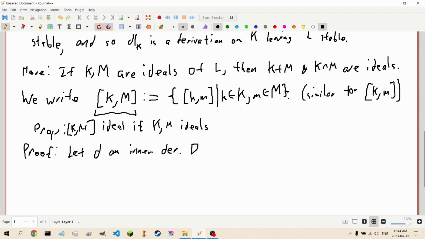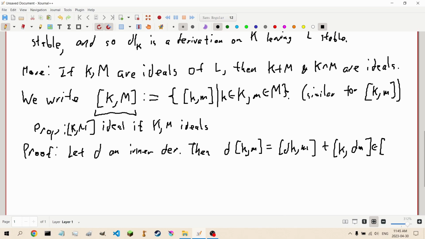Then we can just see that D acting on the bracket of K and M is going to be the bracket of DK and M plus the bracket of K and DM, which is going to be inside, because this is still an element of K and this is still an element of M, so both of these terms are going to be inside the bracket of K and M.